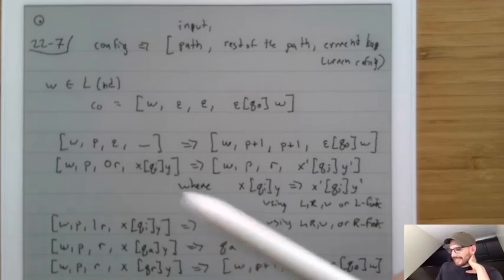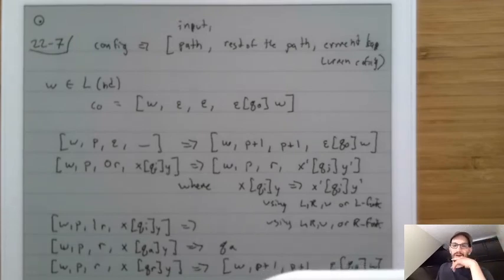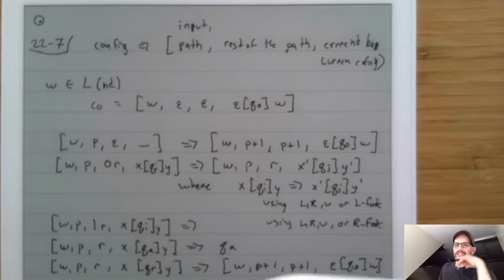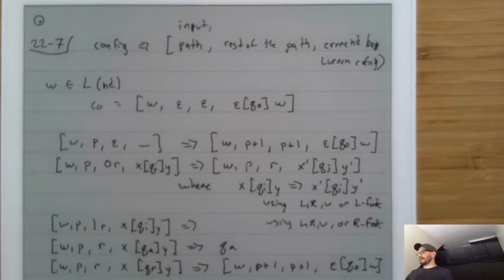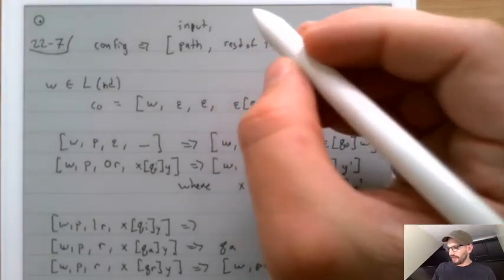Now, notice that I did say that if all of them say no, then we stop. So how can we know that we've stopped? It's not obvious how to do that. Essentially, we would need to have another piece of the configuration.